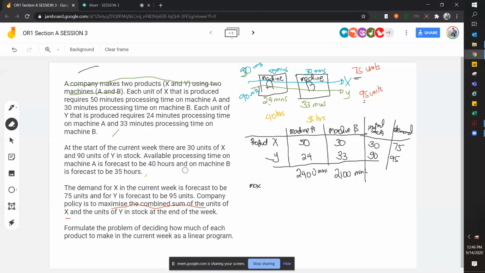So ilagay muna natin yung mga decision variables para malinaw. The goal is the combined sum of the units of X and Y in stock at the end of the week.